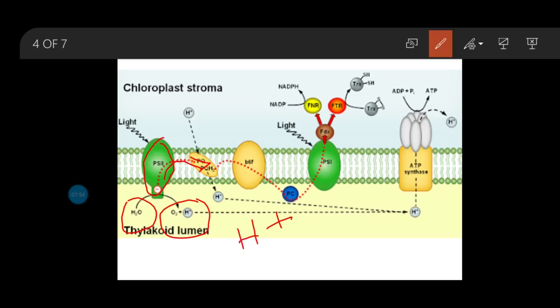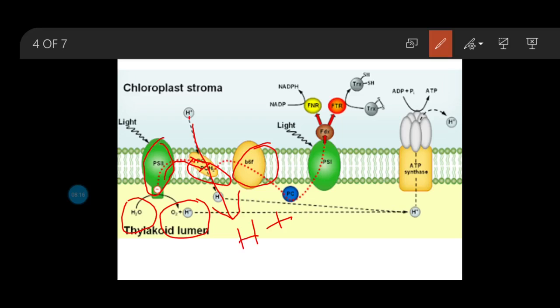When those electrons pass through the cytochrome b6f complex, during the transfer of electrons some protons are transported to the thylakoid lumen from the chloroplast stroma. Okay, so from the stroma the protons are moving to the thylakoid lumen.